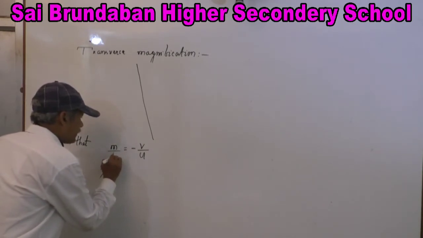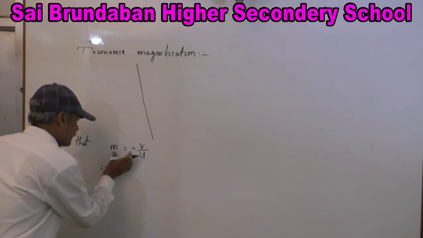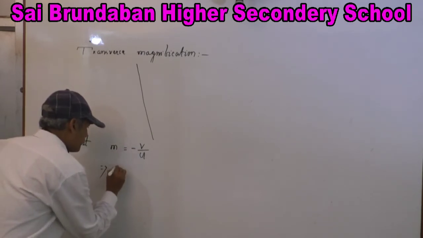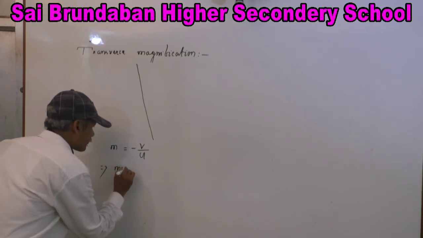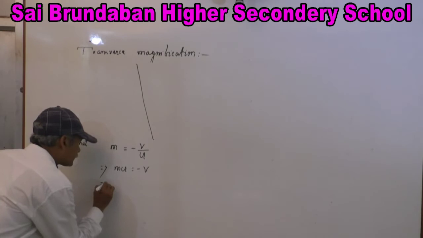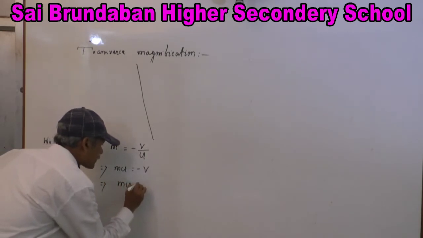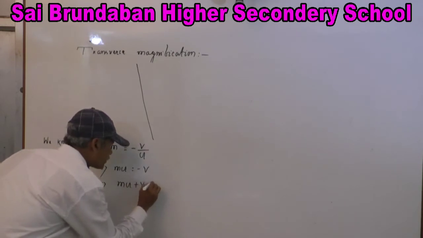Here it is 1, so just cross multiply it. mu is equal to minus v, mu plus v is equal to 0.